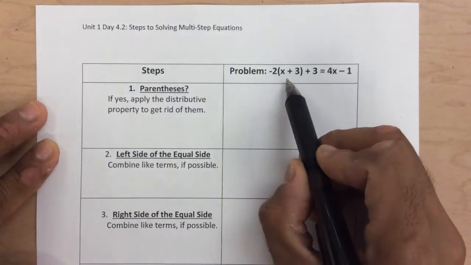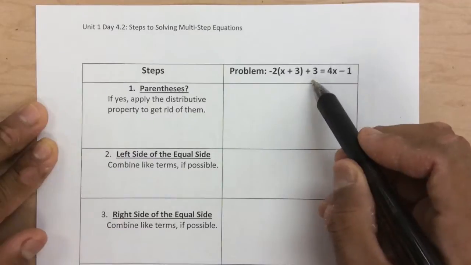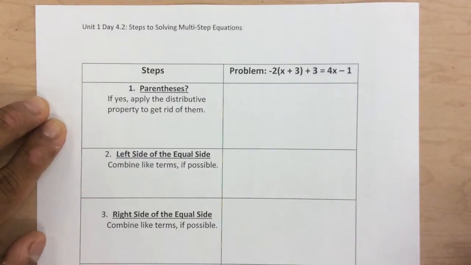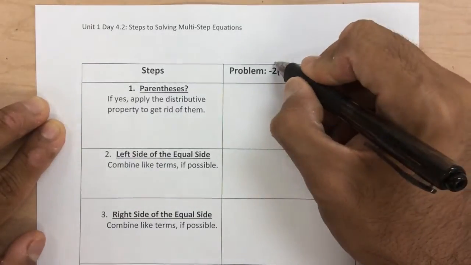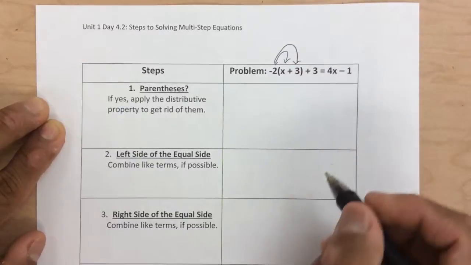So the problem that we're going to be doing today on this chart is negative 2 times (x plus 3) equals 4x minus 1. First step is always ask yourself, is there parentheses? If there is, you want to get rid of them by applying the distributive property. In this case, I'm going to distribute the negative 2 with everything inside of the parentheses.